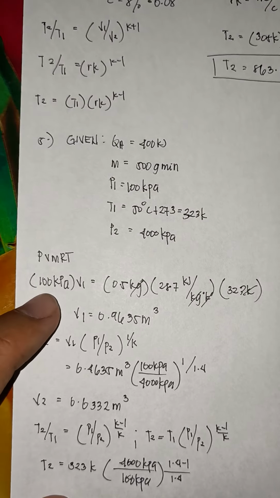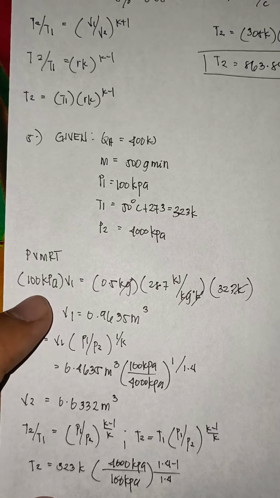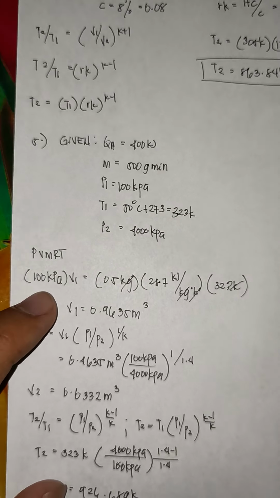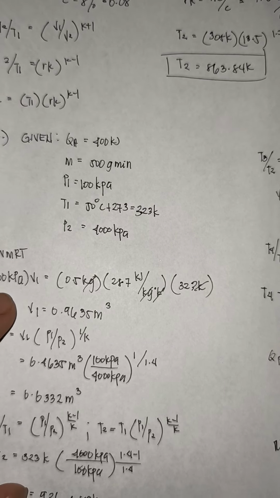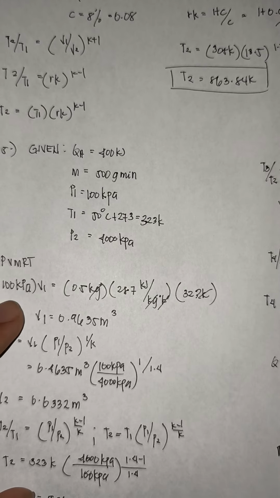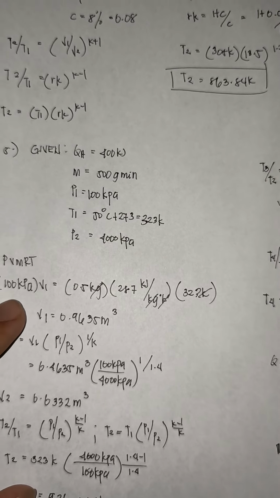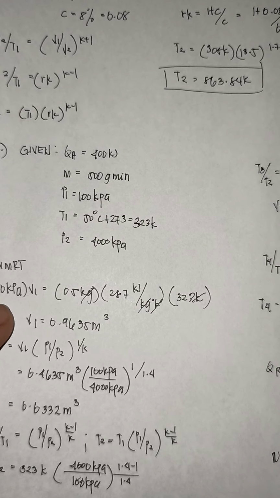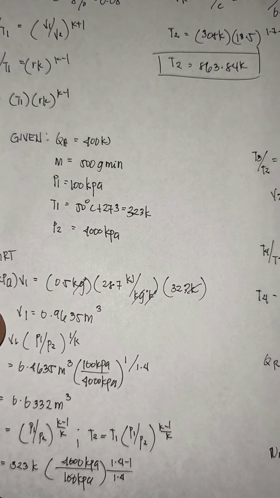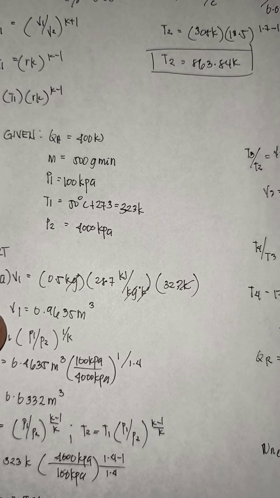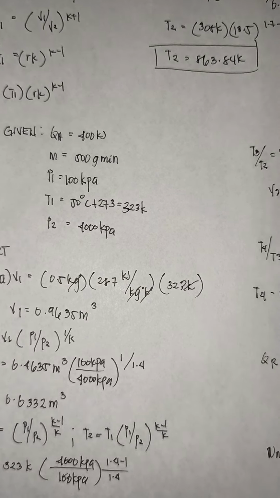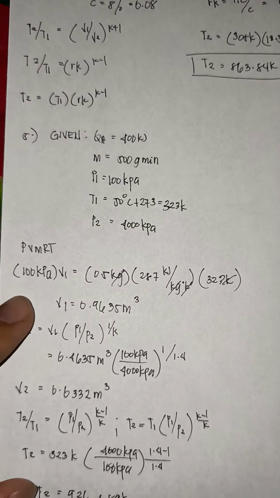Then we have PV equals mRT, then substitute: we have 100 kPa, V1 equals 0.5 kilogram, multiplied by 28.7 kilojoule over kilogram, multiplied by 323.